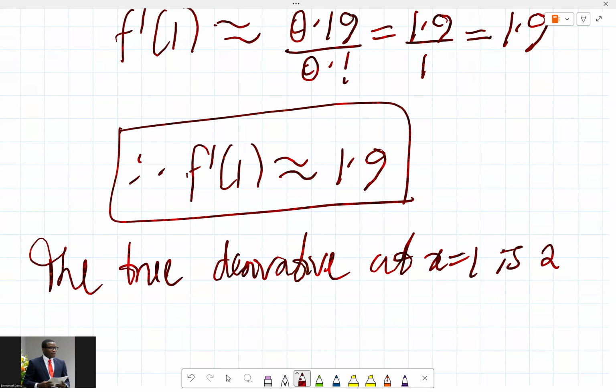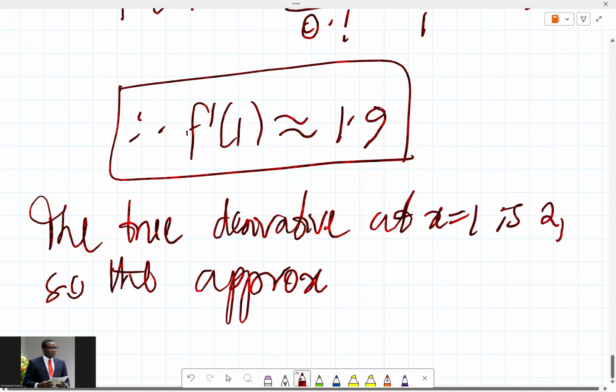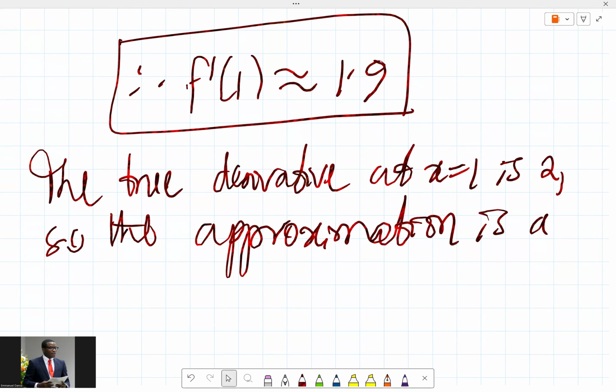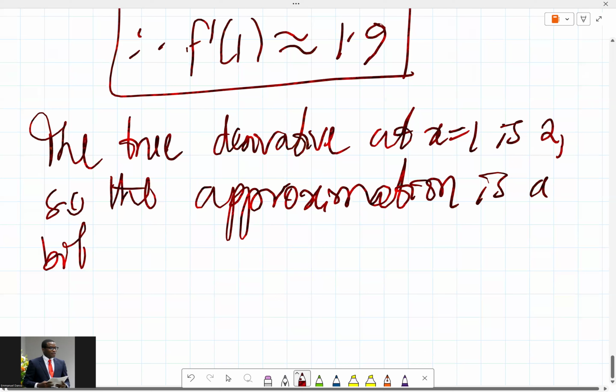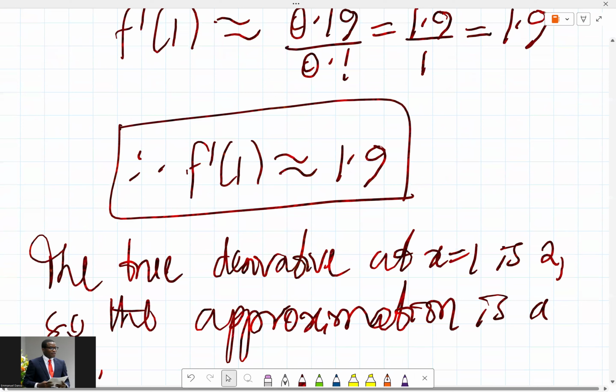So the approximation is a bit off. It's 0.1 short of the reality, but it's pretty close for sure.